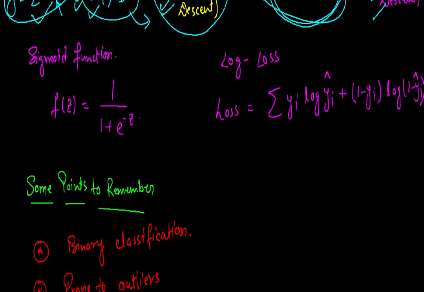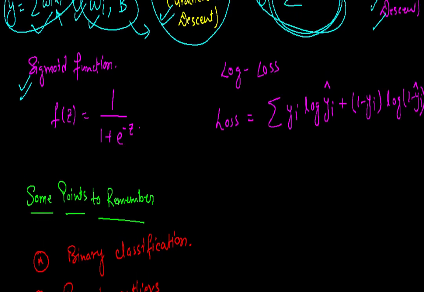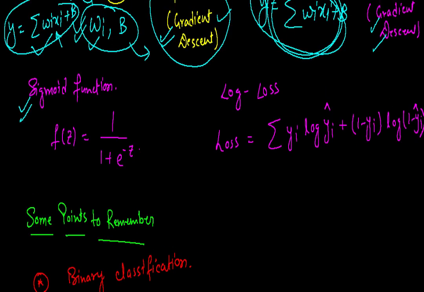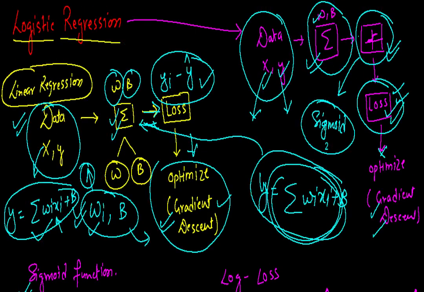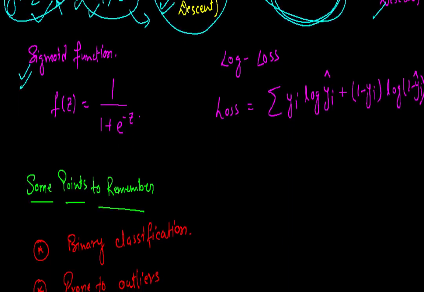Okay, so this is the sigmoid function. As I said, there is a block here; you can see this block here. This is a sigmoid function. So if you pass z to this block, the return will be this function value.